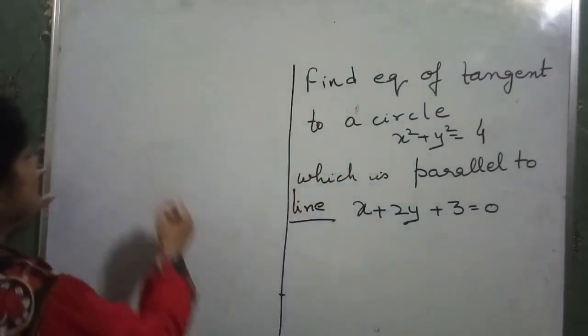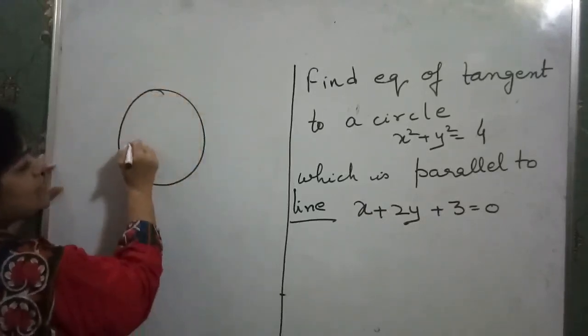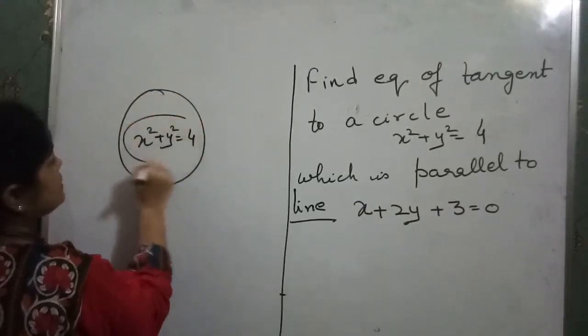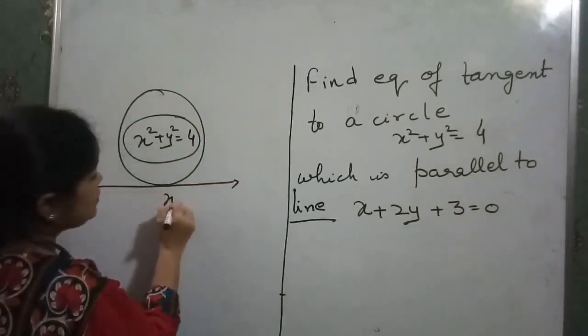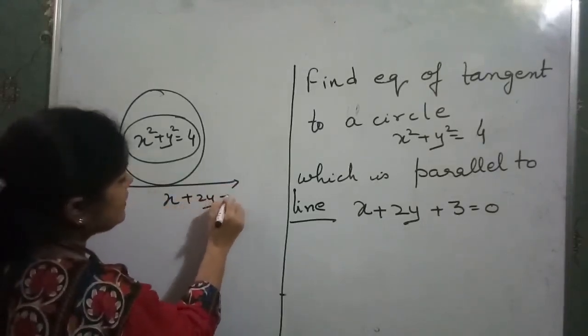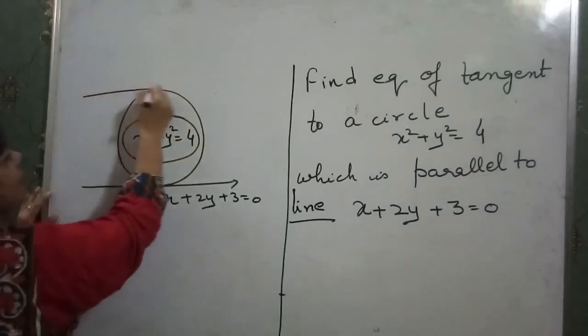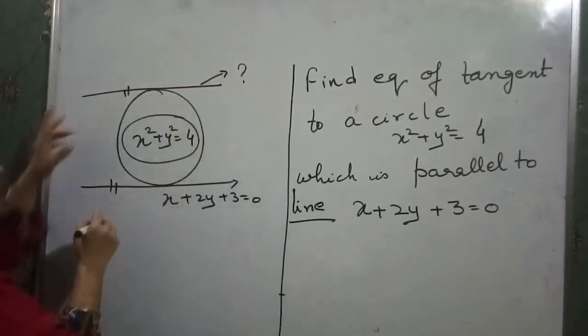You can understand this concept in this way. For example, this is the equation of the circle, and there is a line whose equation is x plus 2y plus 3 is equal to 0. We have to find the equation of a line that is parallel to this line.